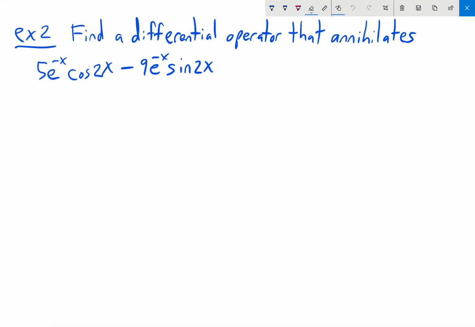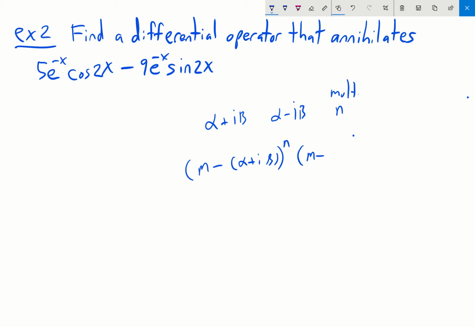So if alpha plus i beta and alpha minus i beta have multiplicity n, then that would mean that m minus alpha plus i beta would occur as a factor n times, and m minus alpha minus i beta to the n would come from this.